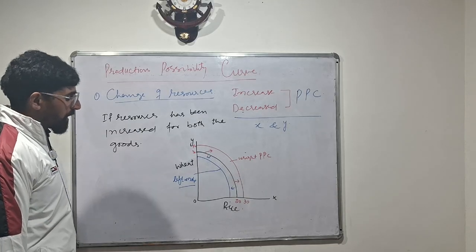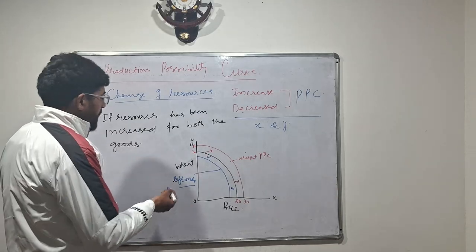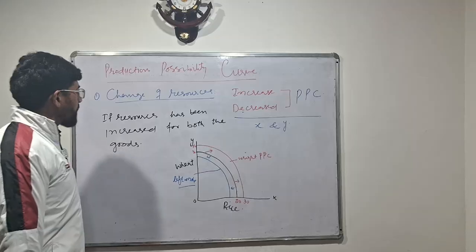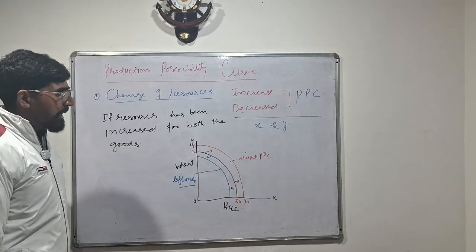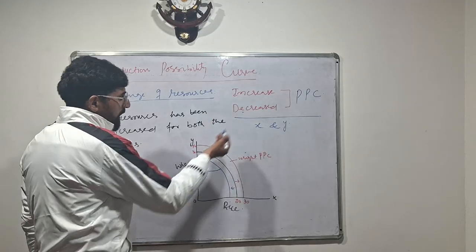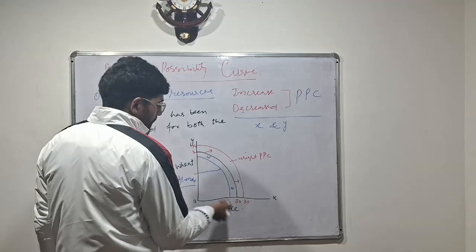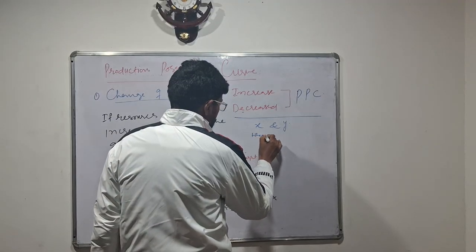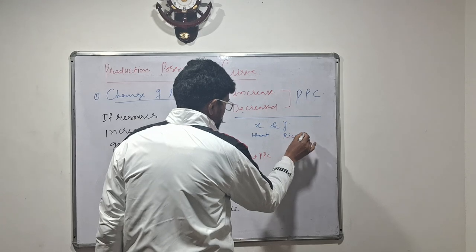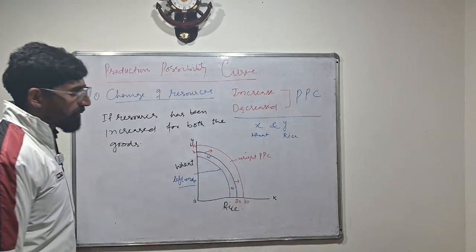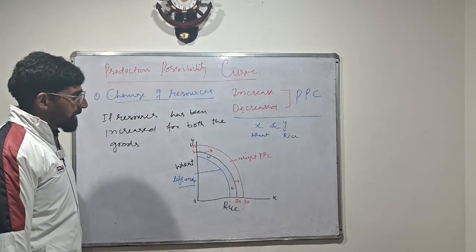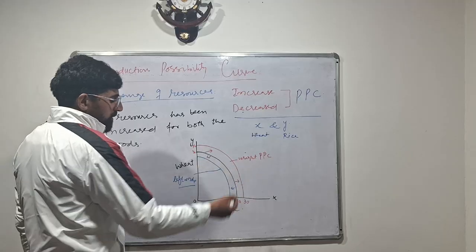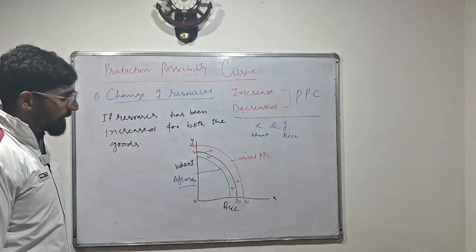Now we have to keep this in mind. When resources are increased for both x and y, meaning both wheat and rice, resources are equal for both wheat and rice, then the production possibility curve will shift rightwards.